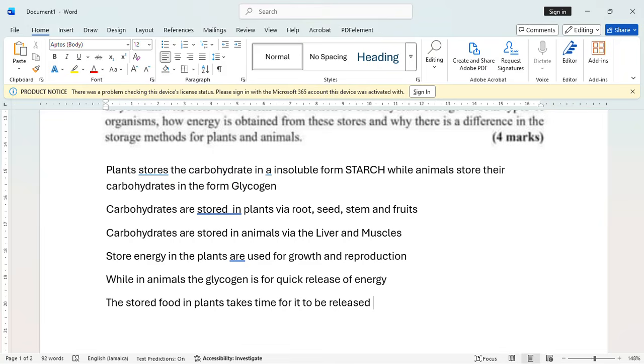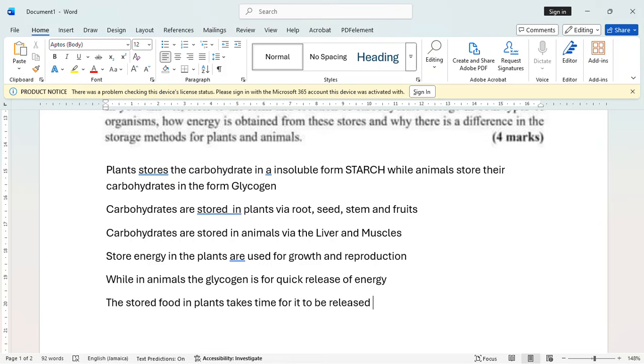We said that for animals, that release of the food happens much faster. So glycogen breaks down faster, while starch takes its own little time to break down, again because plants don't really require that immediate use of food for energy. Over time that is good, because plants are not doing that physical movement like animals.